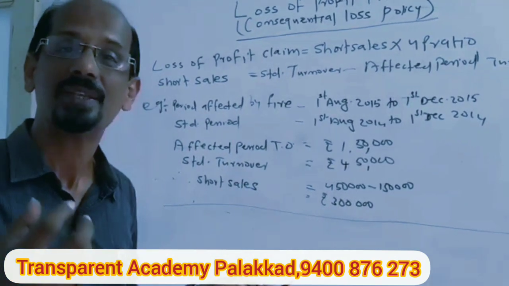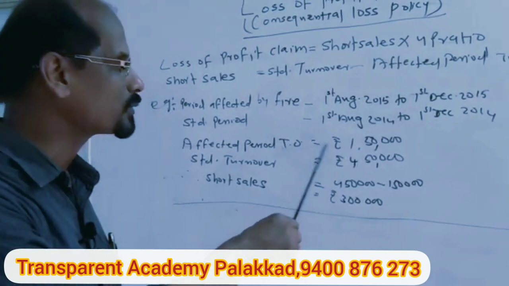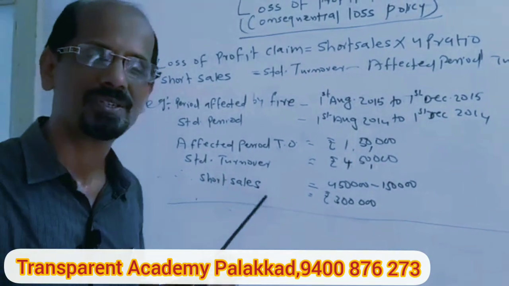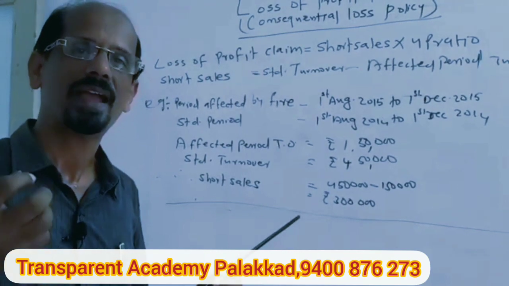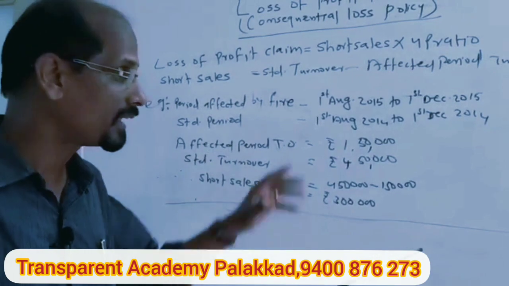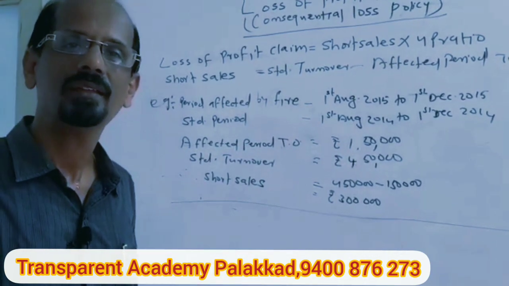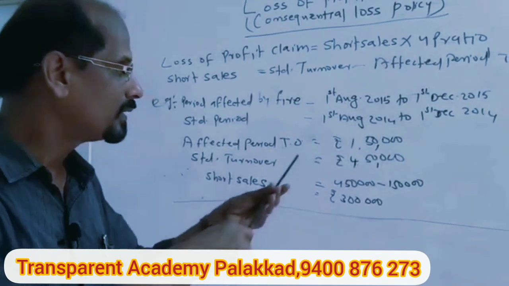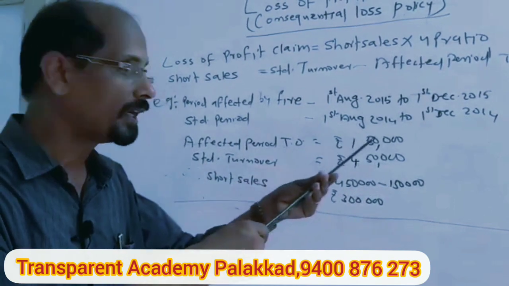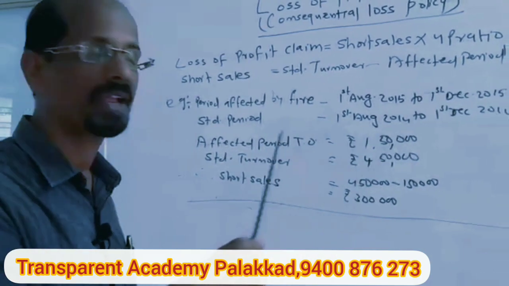Now, affected period turnover, or affected period sales, is the sales achieved in the affected period. Suppose it is rupees 1,50,000. Then what is standard turnover? The turnover which we achieved in the standard period, in the previous year's corresponding period, is 4,50,000. Naturally, we expect the same turnover of 4,50,000 in the affected period also, but we got only rupees 1,50,000.